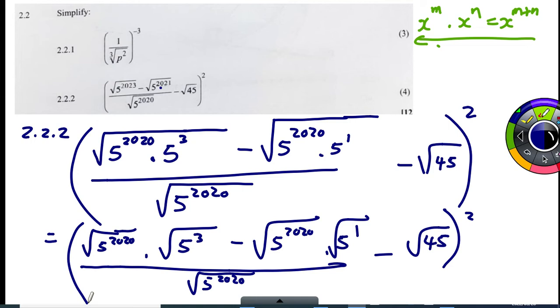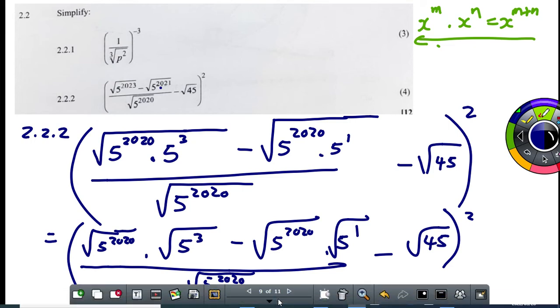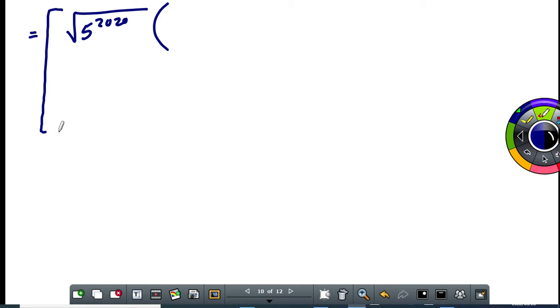I'm sure you can see where I'm trying to get to. Factorize the numerator of the fraction. So I'll take out the common factor. Are you following? Right, let's take out the common factor. So if we take out the common factor, we get the square root of 5 to the power of 2020, open bracket. Now, be very careful here. This square root of 5 to the power of 2020 must be inside the bracket. So let me put the bracket, the big one, like that.